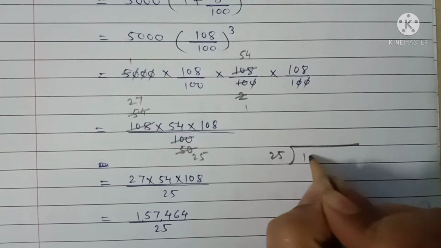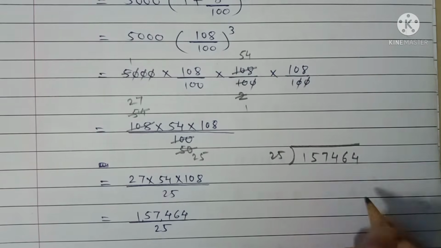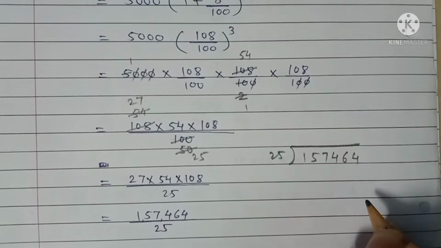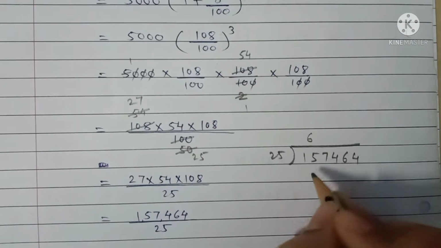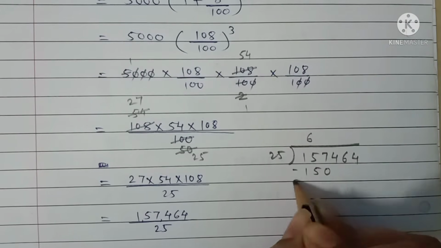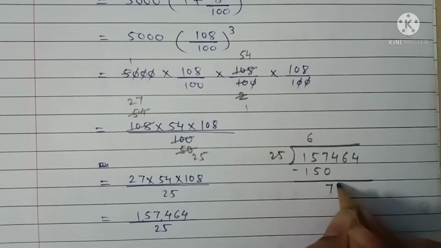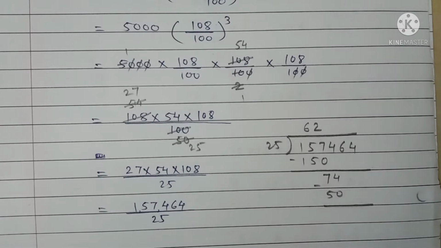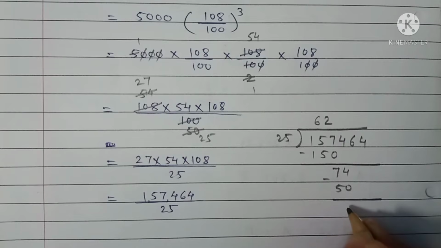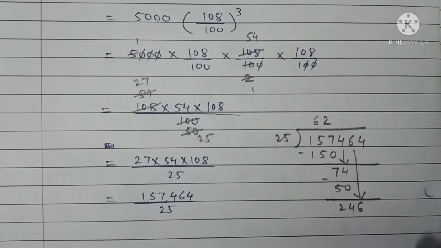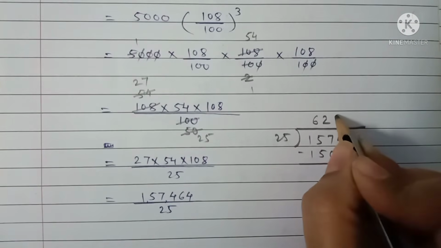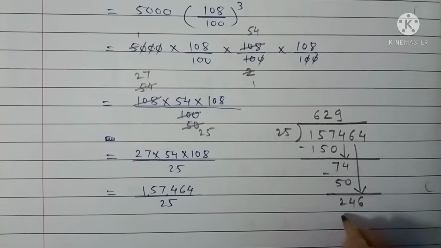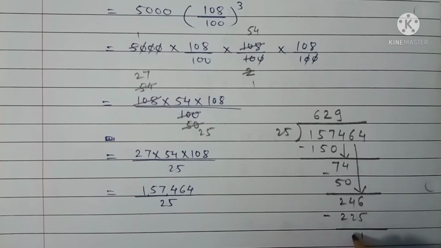Here we will do the division. 25 6s are 150. 7, 4. 25 2s are 50. 24. 25 9s are 225. 1, 2.